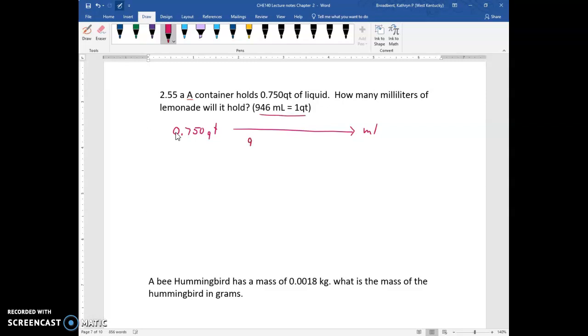We can write 946 milliliters over 1 quart, or we can have 1 quart over 946 milliliters. We start with the number from the problem.